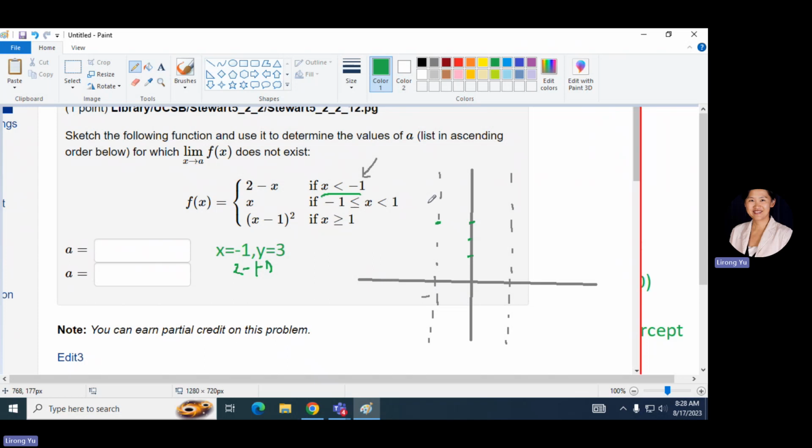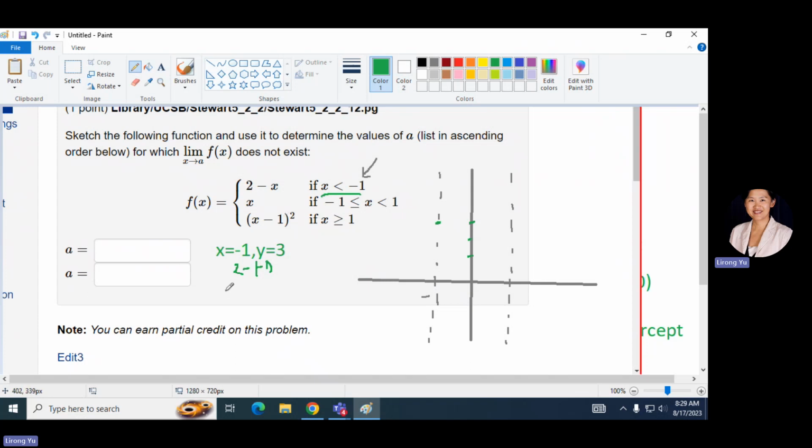Let me explain what I'm doing here. It says 2 minus x, and x is degree 1. A degree 1 equation represents a line. So in the first piece of the graph, we're supposed to draw a line. To draw a line, all you need is 2 points. Point 1 is x equals -1, y equals 3. We need one more point where x is smaller than -1, so let's pick -2.